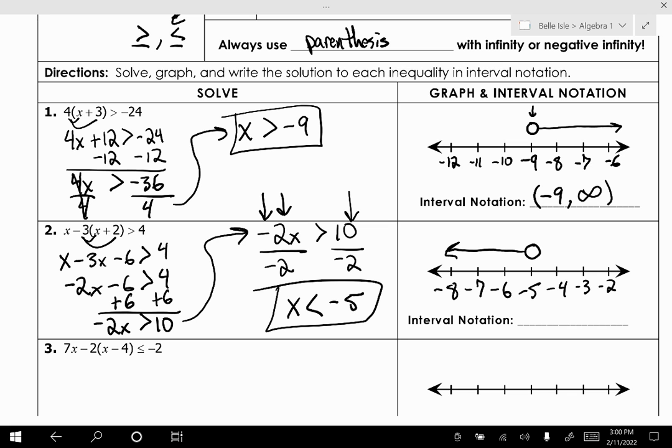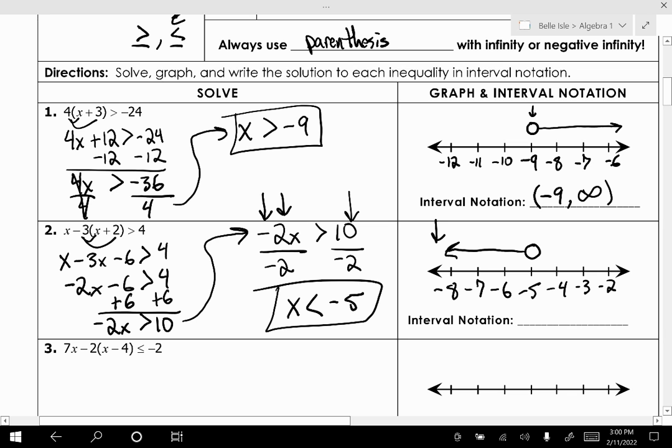So how are we writing our interval notation? So what's our low value? Yeah. So now our low value is somewhere over here, right?